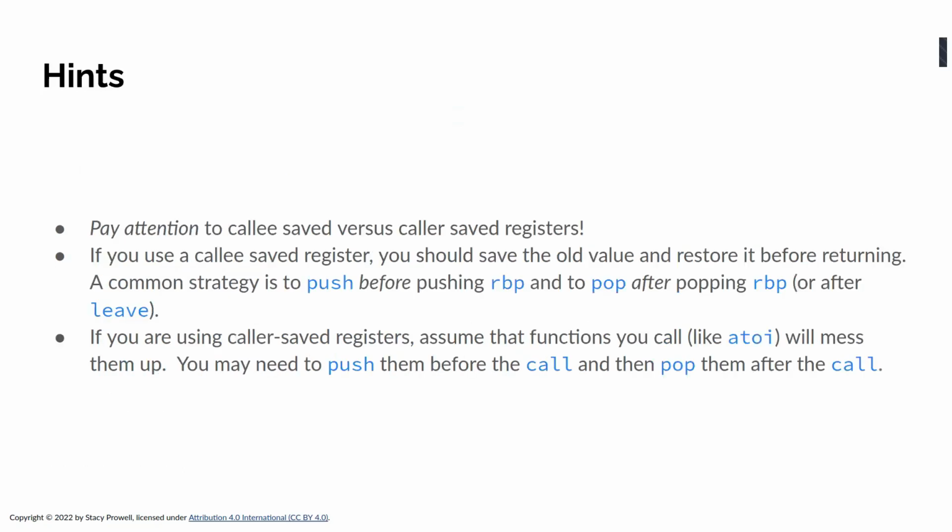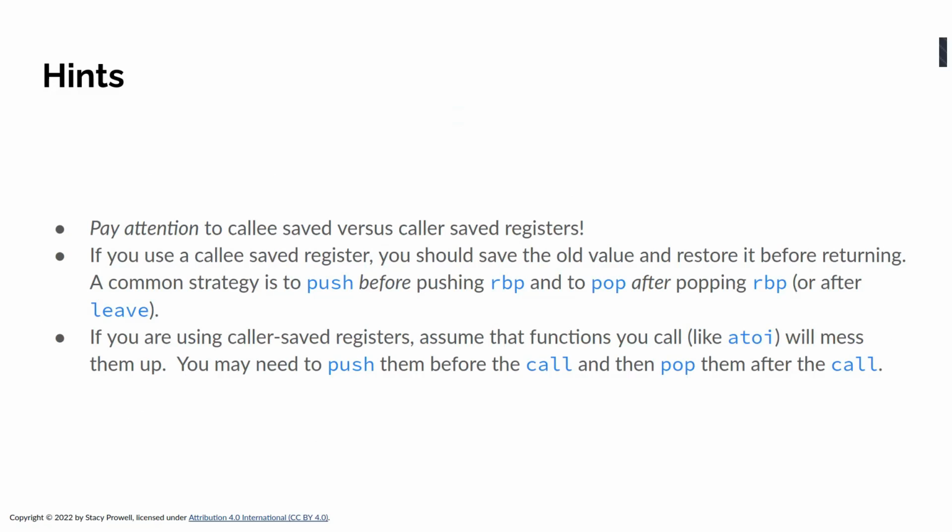I did advise you strongly with italics to pay attention to the callee saved versus caller saved registers. A lot of times you might be using a register and not realize that the thing you're calling is going to override it, like atoi.